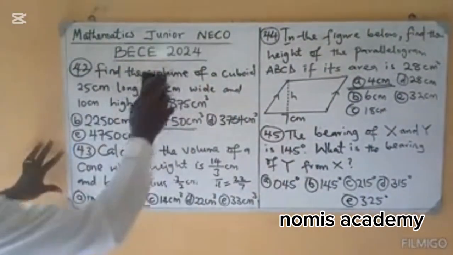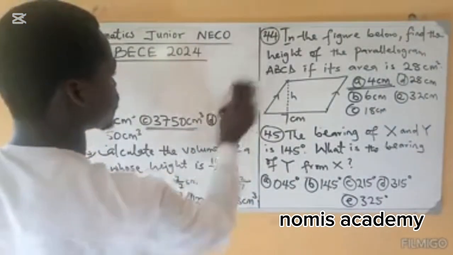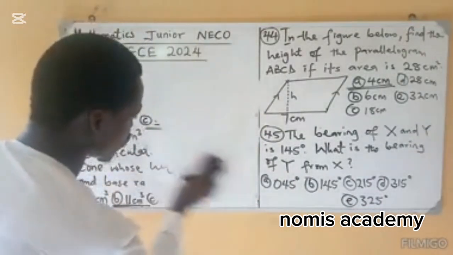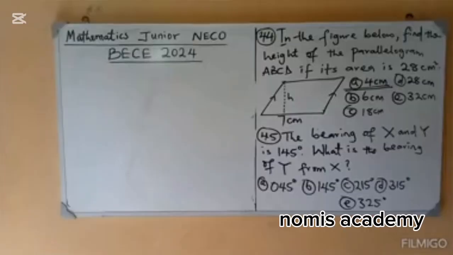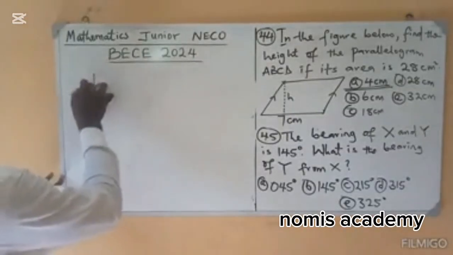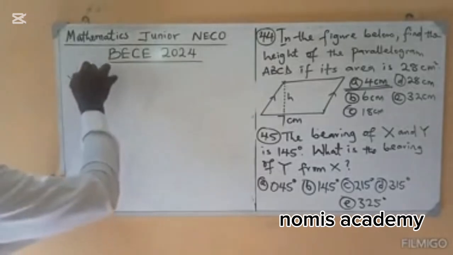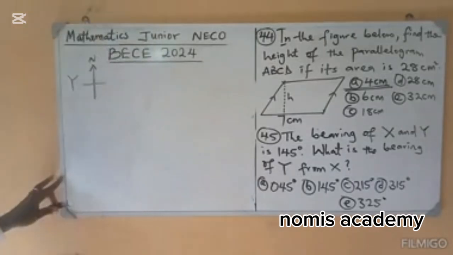Okay, let me clean this side so that I can use the diagram to explain that. We have point Y. This is the northern axis.